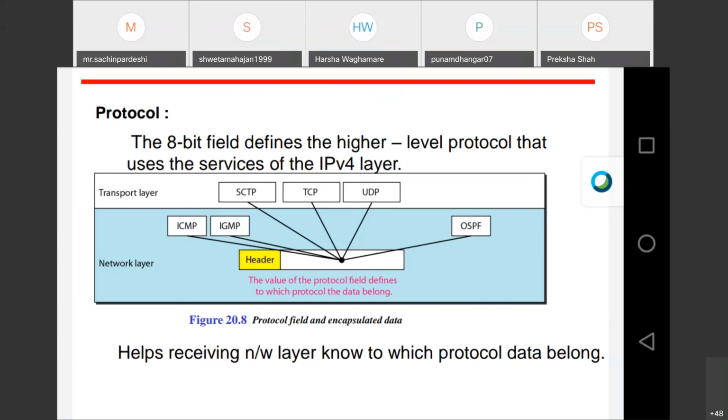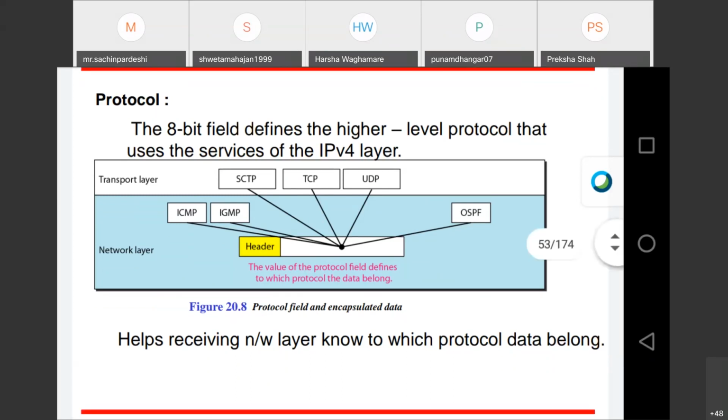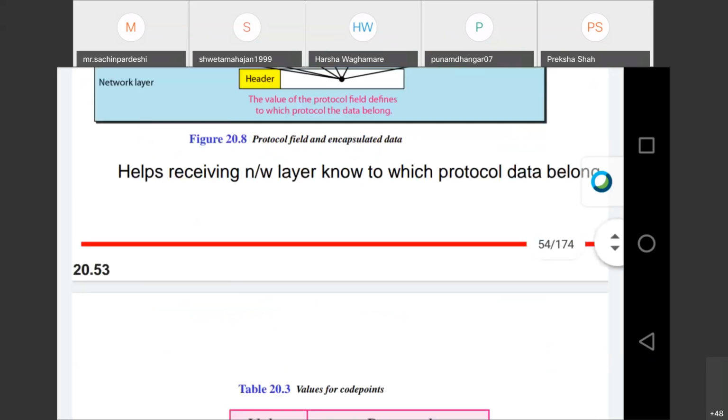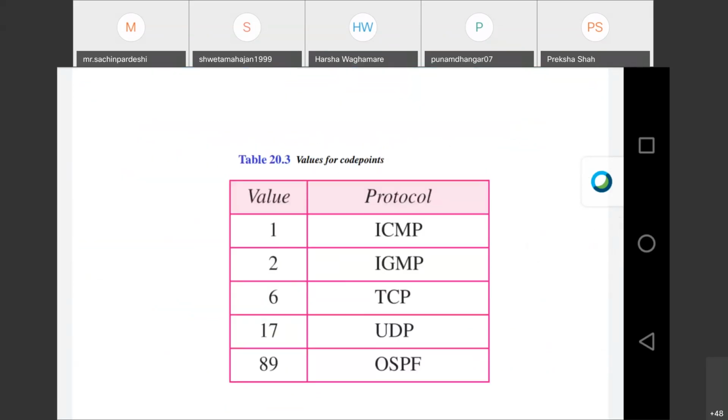These different protocols use network layer services. So the router as well as the destination host should know which protocol is using this service. As per the protocol, a different value is added in the protocol field. If you are using ICMP, the value would be 1. If you are using IGMP, the value would be 2, and so forth, like TCP, UDP, OSPF.